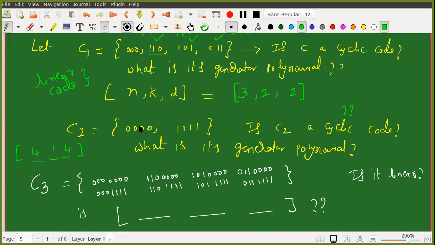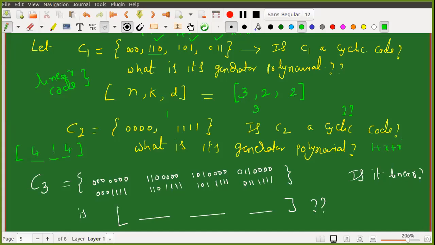So it is a cyclic code. What is the generator polynomial? Its dimension is 1. That means the generator polynomial degree is how much? 3. Very good. So it's 1 plus x square plus x cube.